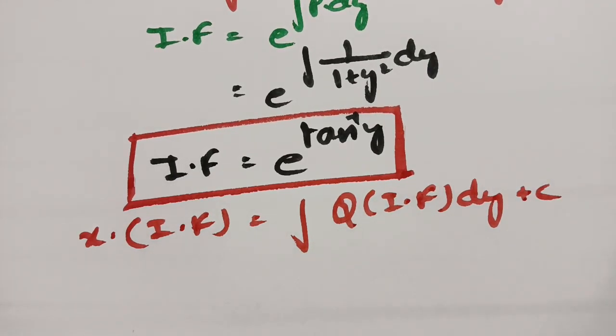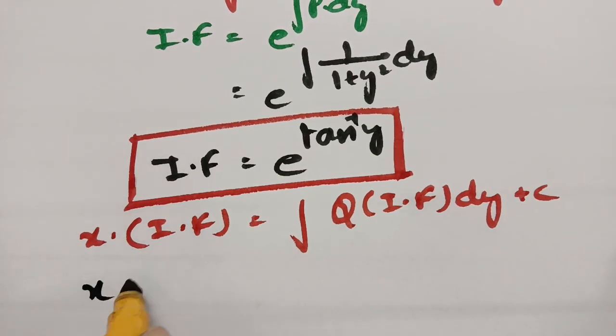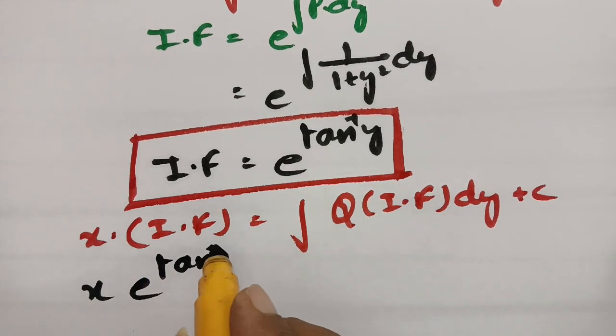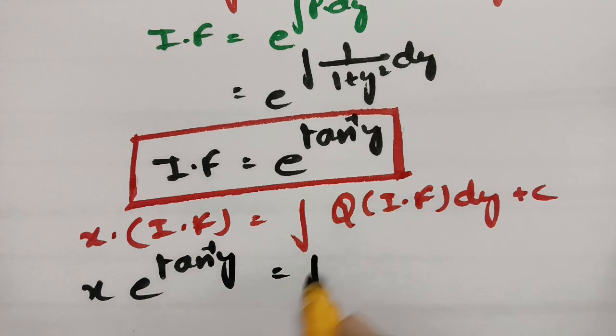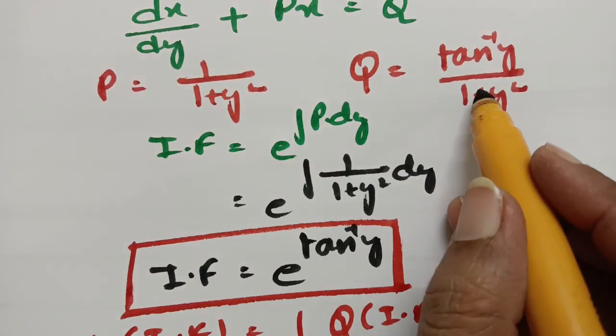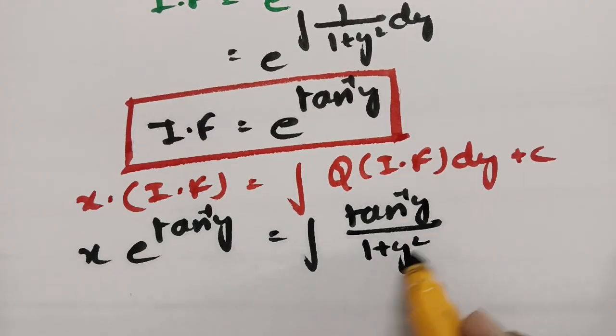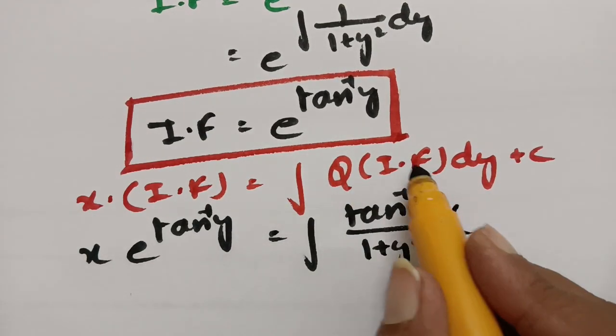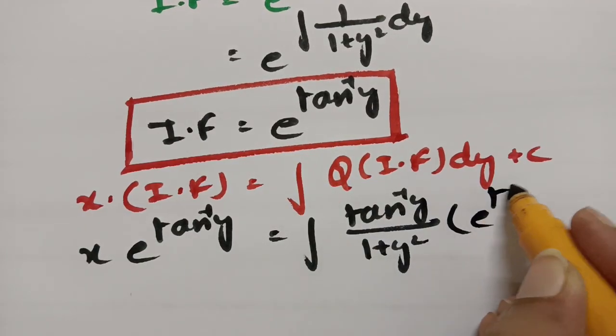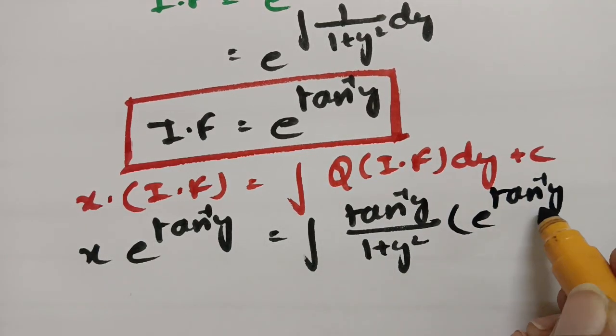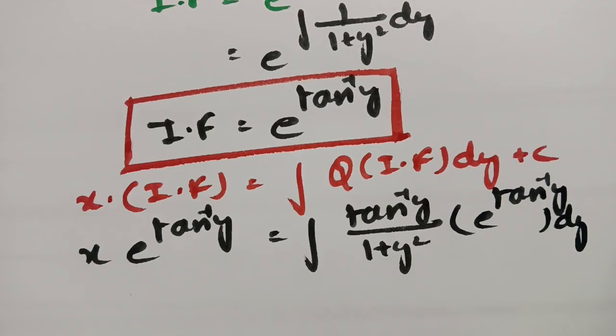So if I substitute each and every value here, that is x into, what is the integrating factor? e power tan inverse of y, which is equal to integral of q. So where is q here? q is here as tan inverse of y by 1 plus y square, after noting the q value, and what is the integrating factor? e power tan inverse of y into dy.